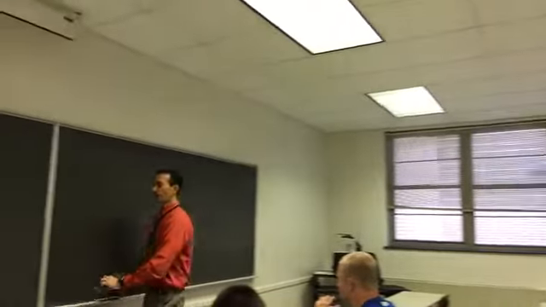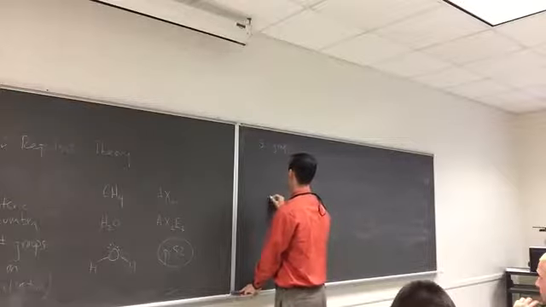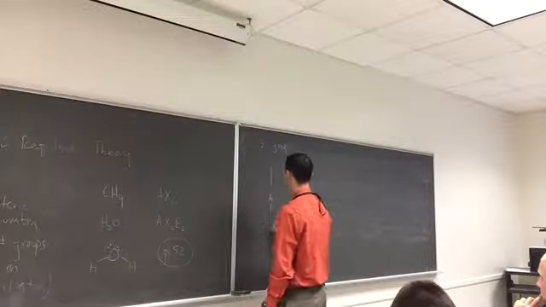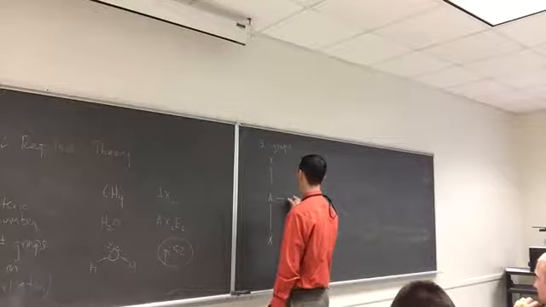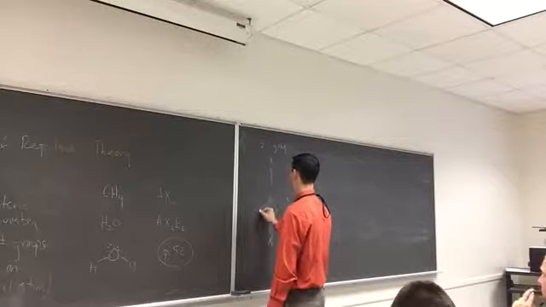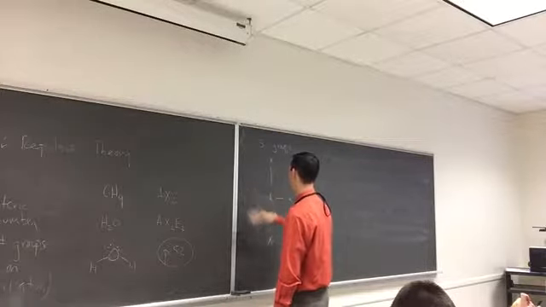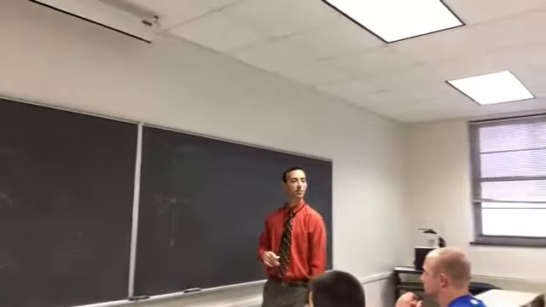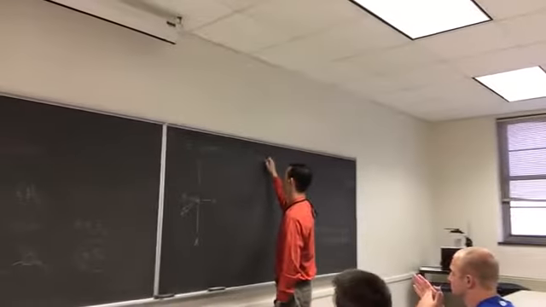All right, so 5 groups. If all of them are shared, you have a linear sort of axis like that, and then you have your other X's in a plane. And we use our wedge and dash system to represent our 3 dimensions. But for 7 groups, it is similar to this.